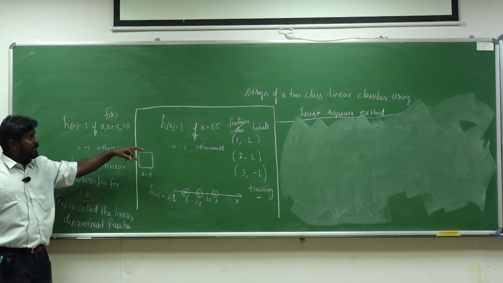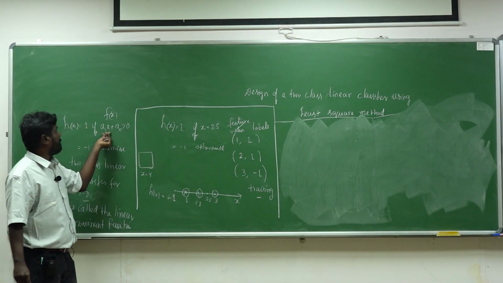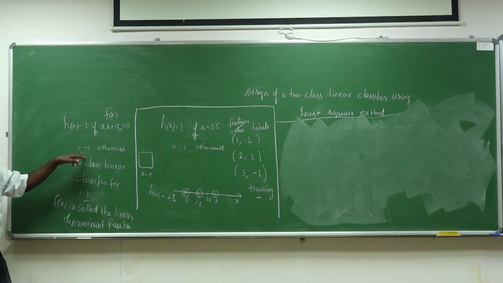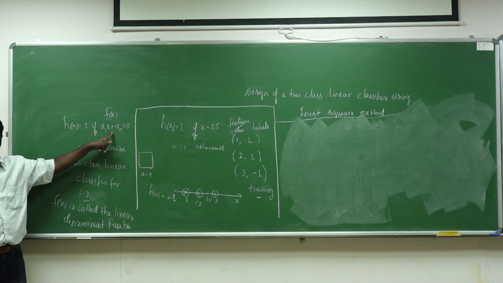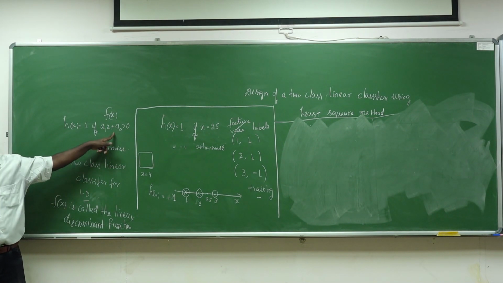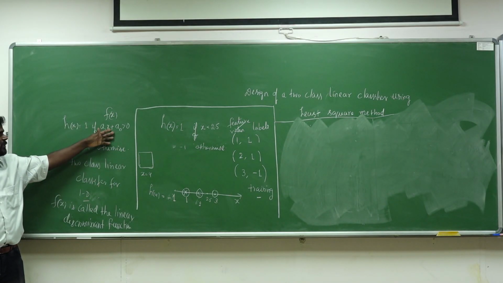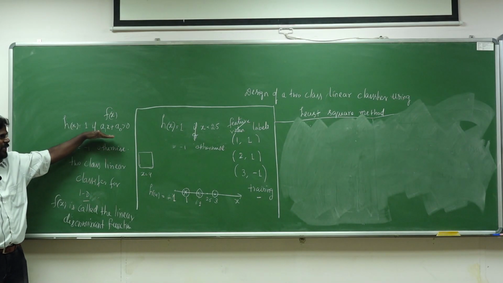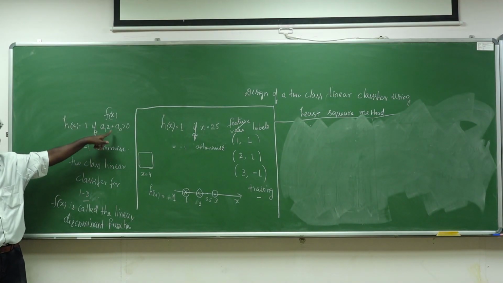If I substitute 3 in this, what should I get? This must be a negative value. Since we are keeping a threshold here, we expect this function to give -1.